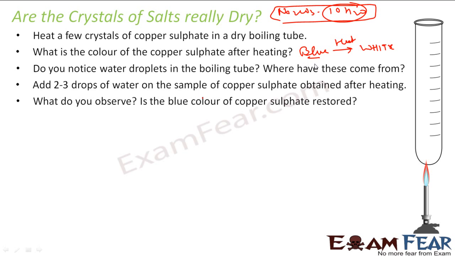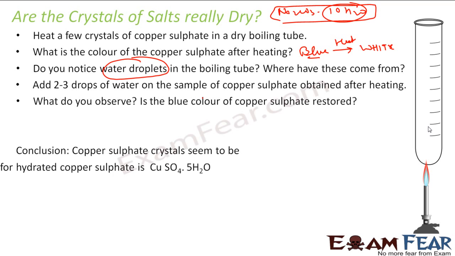That means something is happening. When you heat it, the water is gone. The blue color becomes white, and when you put the water again, it becomes blue. That means copper sulfate absorbs water.